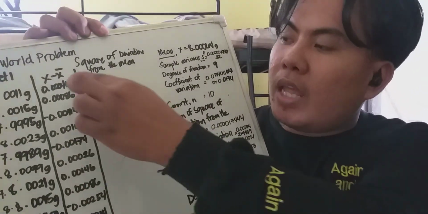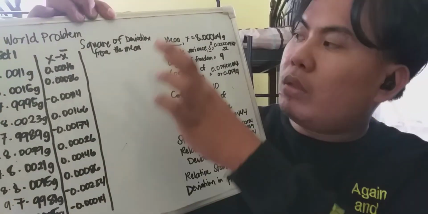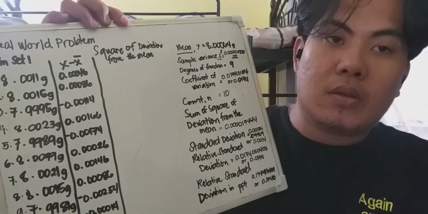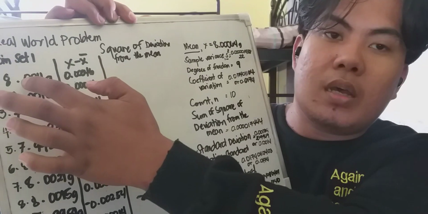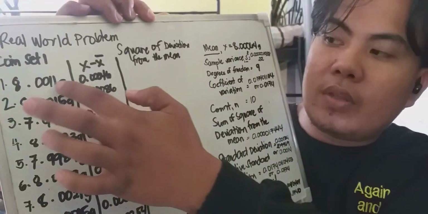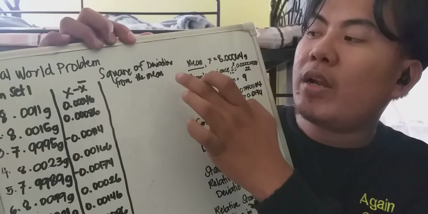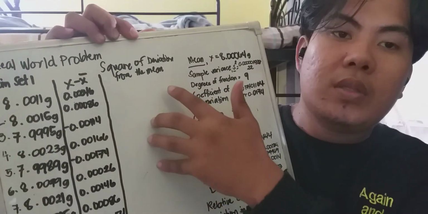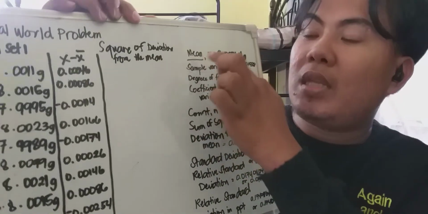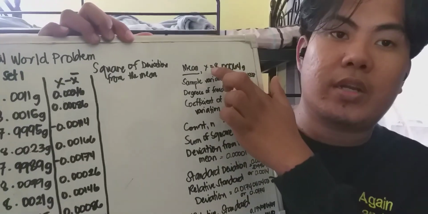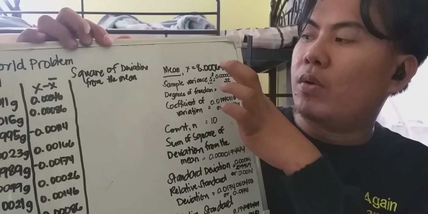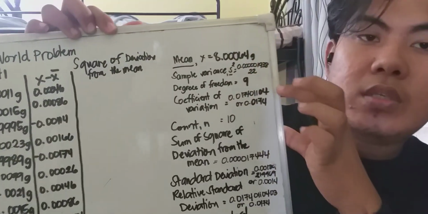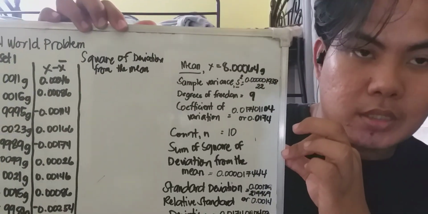In getting this table, we need to subtract the measured weight of the coin from the mean. Before solving the square of deviation from the mean, we need to get the mean first. The mean stands for x-bar, so it is 8.00064 grams.